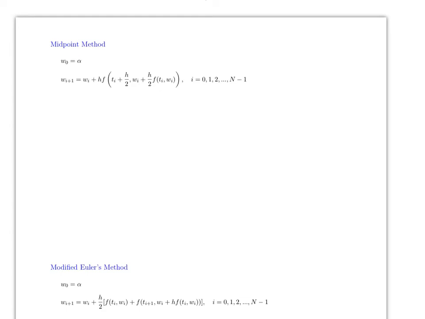Now let's consider the following difference equation method of this form, which is actually called the midpoint method. Notice how this is very similar. Actually, this is identical to the Taylor method of order 2, except we replace this part instead of t of 2.